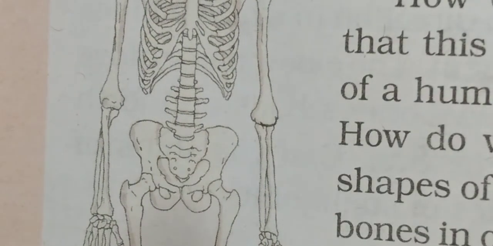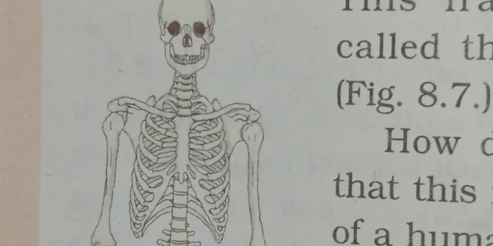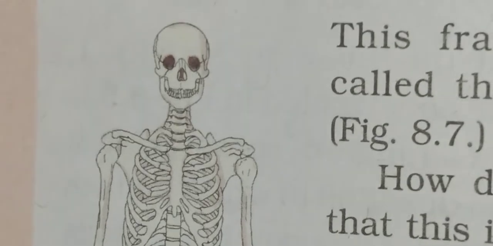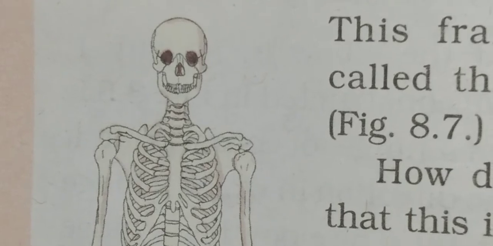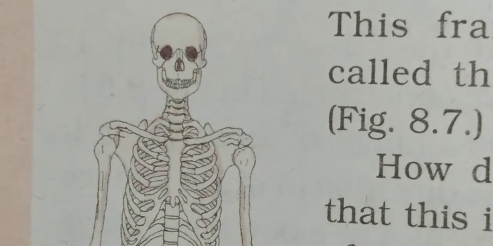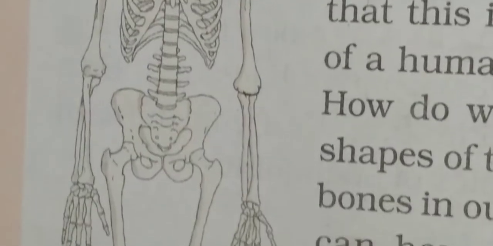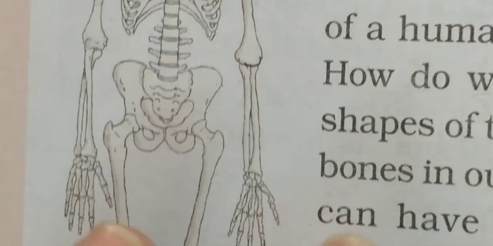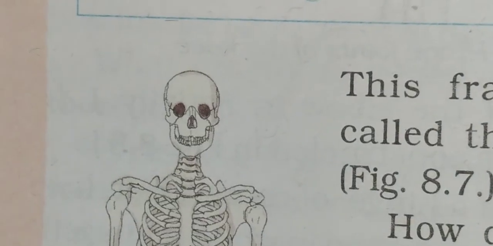Not only the skeleton, when this skeleton framework is joined with muscles, about which you are going to study later on, they combine together to give a beautiful body which we possess now, which helps us to move in different directions and helps us in doing innumerable work. Is that clear? So now we are going to talk about this framework, the different bones.